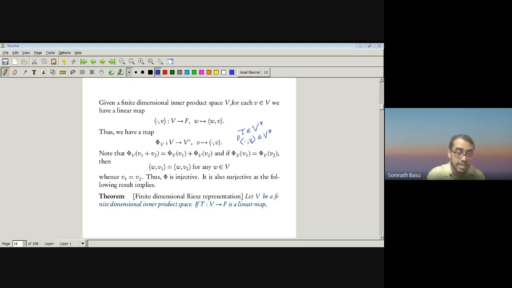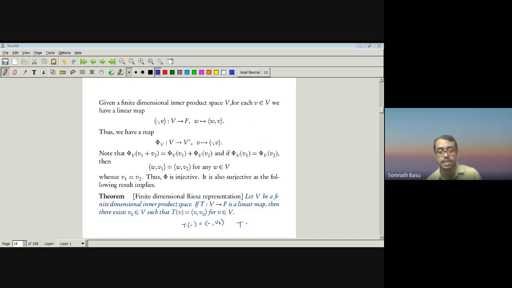And that is precisely what this finite dimensional Riesz representation claims. If you give me an element of V star, which is by definition a linear map from V to F, then I can find a v0. In fact, it will be unique because of this being injective, but there is some v0 such that the map T is given by the inner product of the input variable of T with this vector v0. So this equation is saying that T of dash equals dash inner product v0.